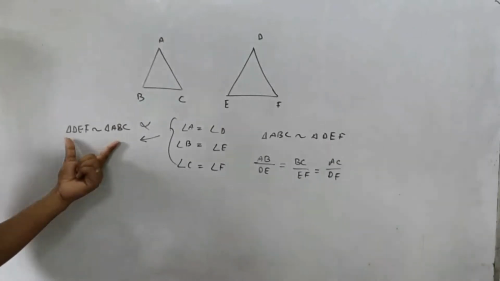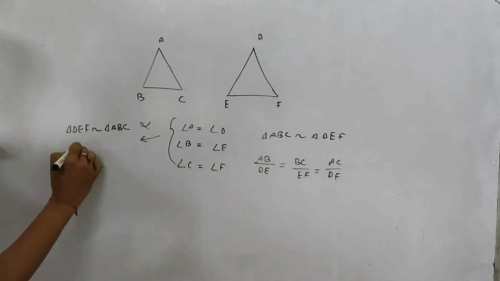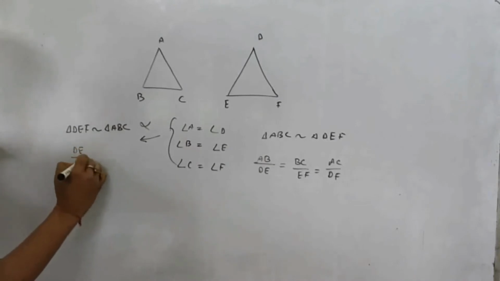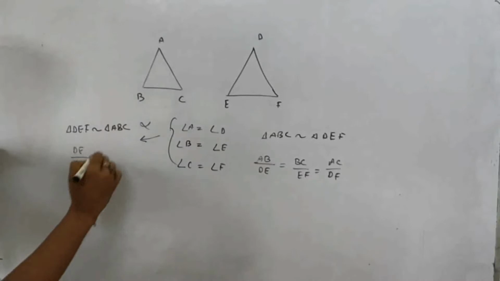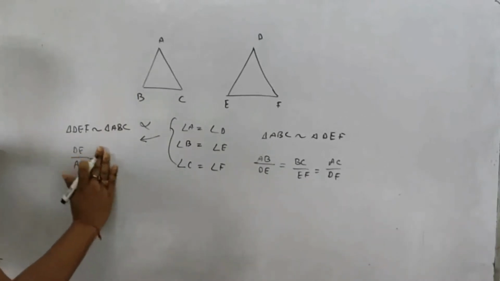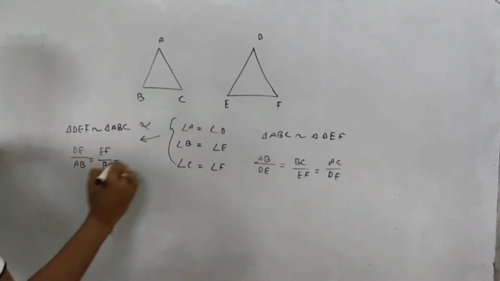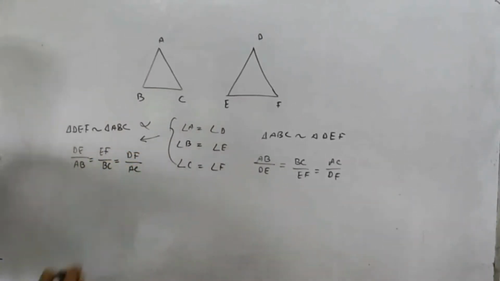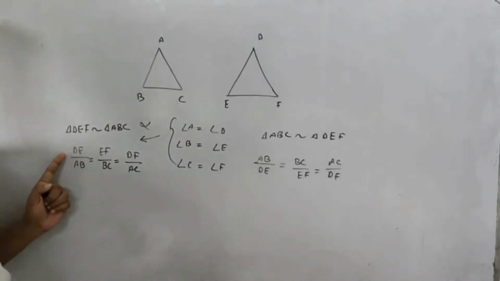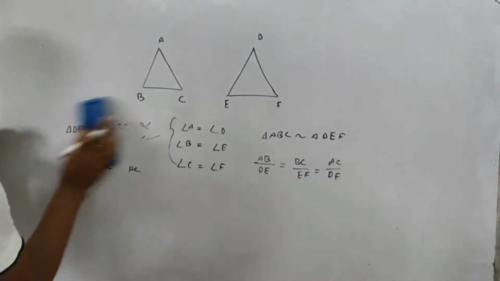You cannot write like this. If you want to write the other way, then you have to write DE by AB, this side in the numerator, then EF by BC, and then DF by AC. If you write this triangle first, then this side should stay in the numerator, understood? Okay, so this was one thing.